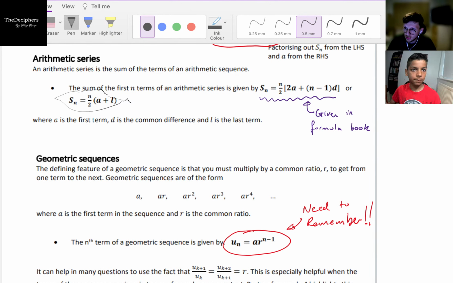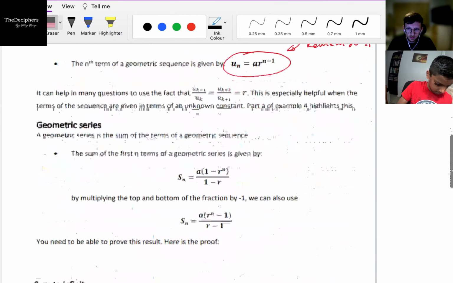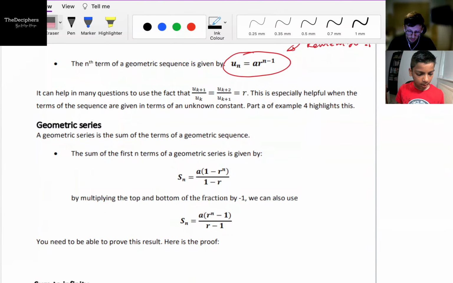What about geometric series, Cordelia? So for geometric series, that's the sum of the terms of a geometric sequence.